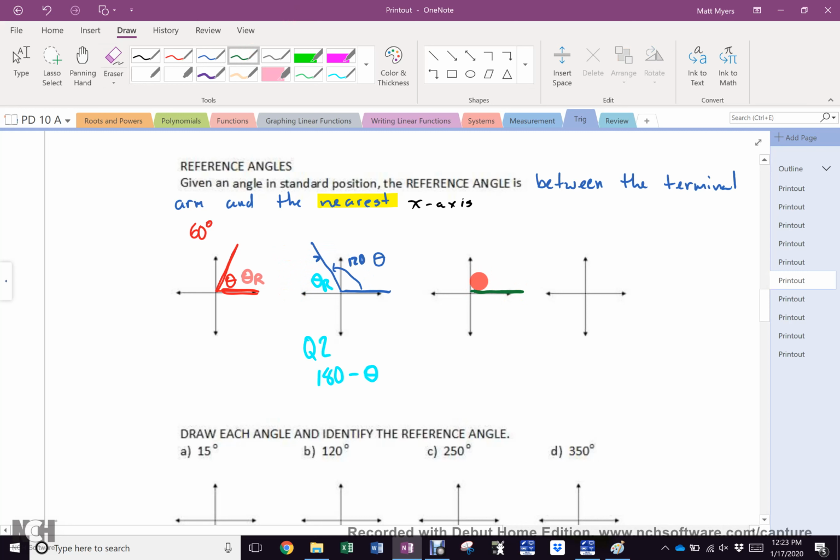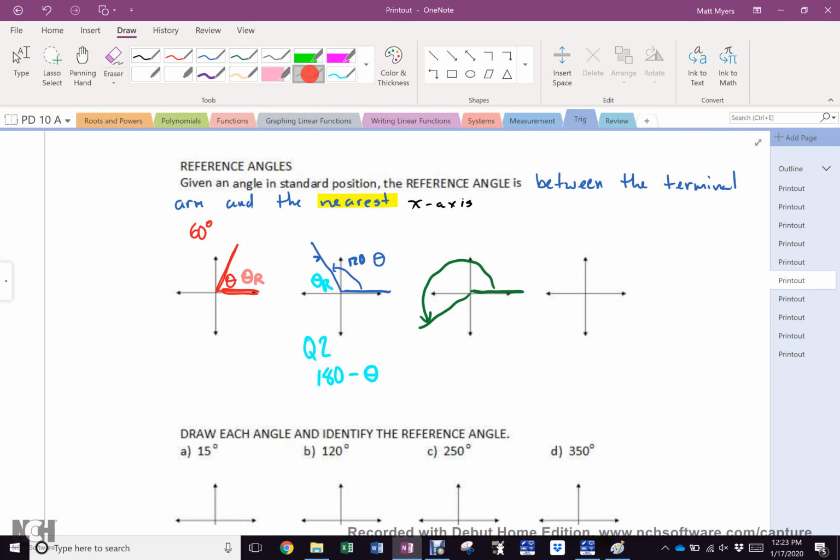Okay, give me an angle that would be in the third quadrant. 190. Okay, so it will end somewhere down here. Will it end close to the x-axis or close to the y-axis? Very close to the x-axis, yes? I'm going to move it a little further so I can write in the space. Everybody okay with that? It's going to be out here, yeah? Theta is this.